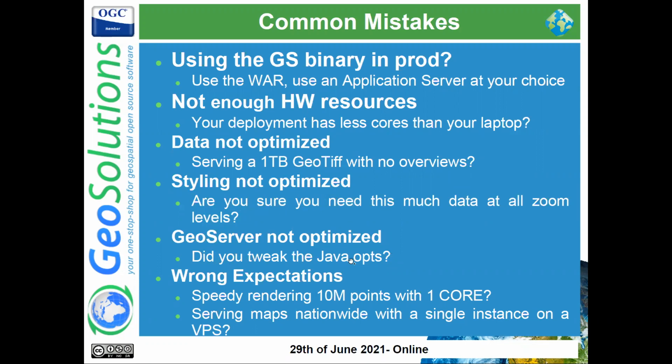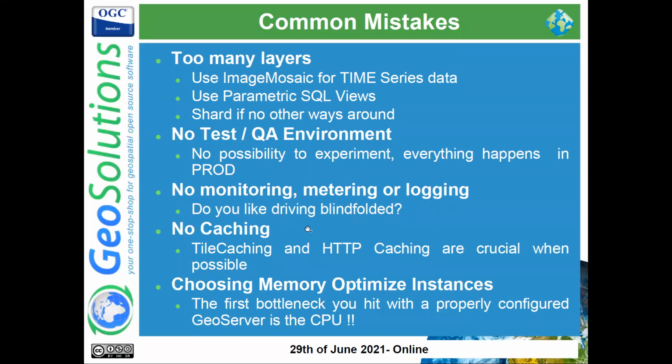GeoServer is not optimized: make sure your Java opts are set correctly. Too many layers. By too many layers, we mean thousands or millions of layers. You can use parametric SQL views or sharding or image mosaics to reduce the number of layers.